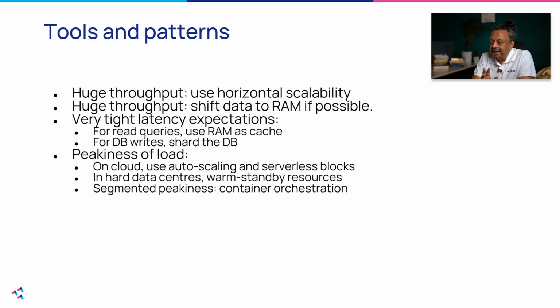During maybe retail sales time, your Diwali dhamaka or your Black Friday, your retail sales system exhibits peak load, etc. So if the peakiness is segmented, it is not all across the entire application, then you might be able to have a pool of containers which can then be spun up or spun down based on automatic orchestration. So containers are very useful in that kind of situation. You spin up only a minimum number, keep them working, ticking away happily. When it's required, more instances of the containers can be spun up.